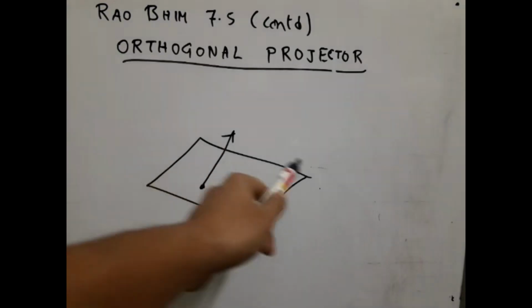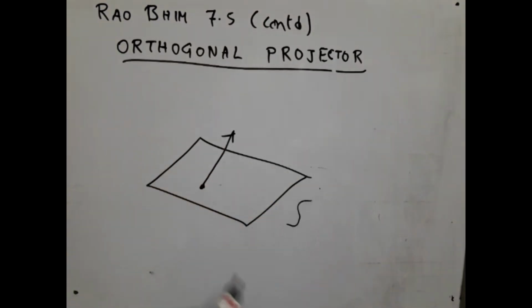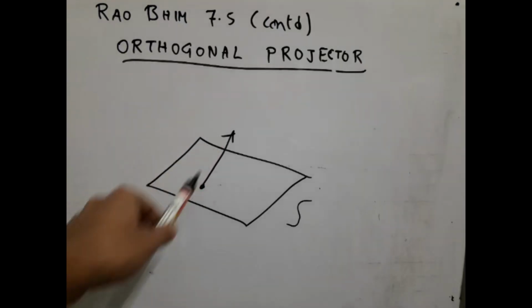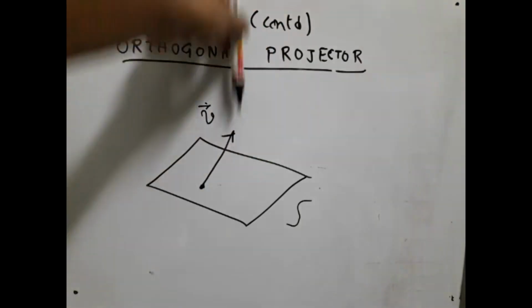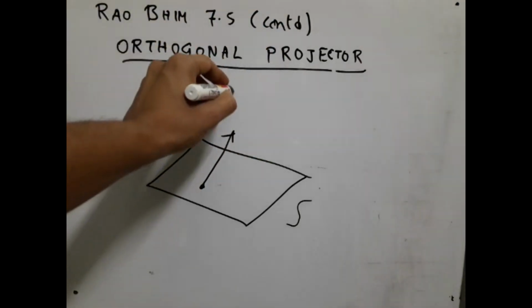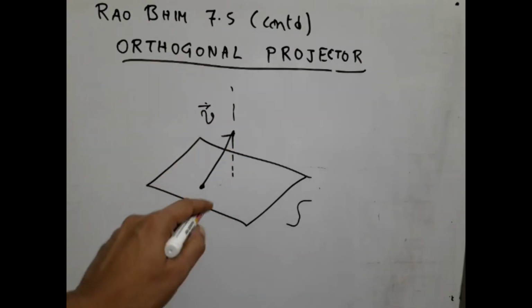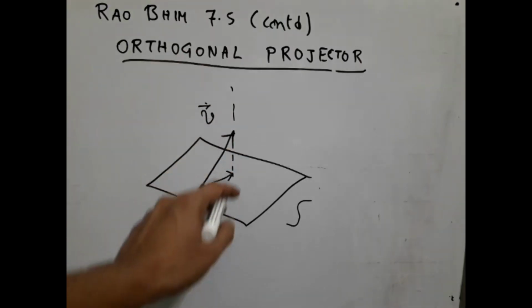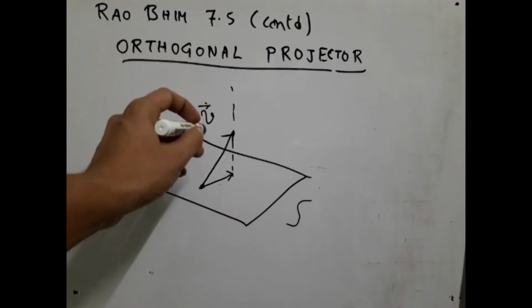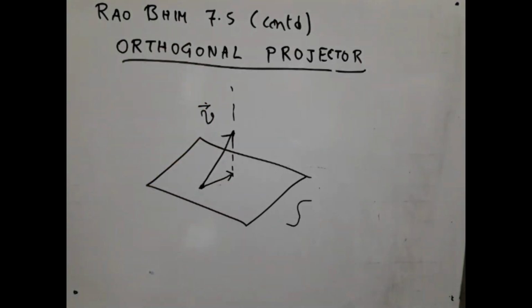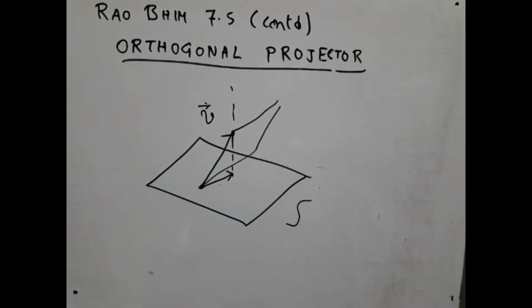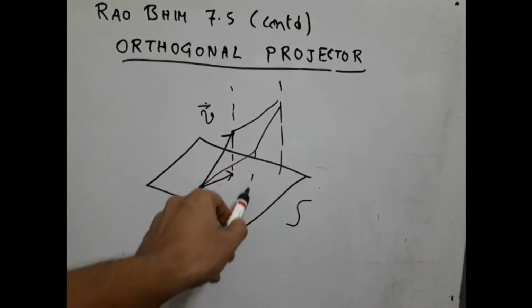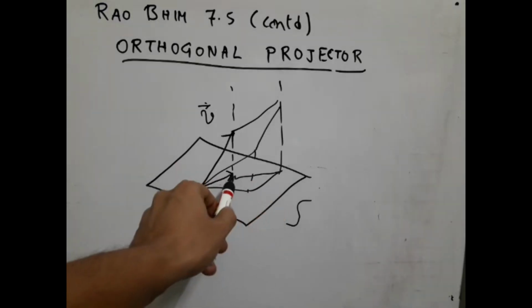We have some subspace, call it S. This is the origin, and say we have a vector which is V. Now sunlight is shining perpendicularly on S. In that case, the shadow that this V casts on the screen is called the orthogonal projection of V onto S. Now it is quite easy to prove as well as intuitively see that if I have a parallelogram, then the shadow that will be cast on the screen will also be a parallelogram.